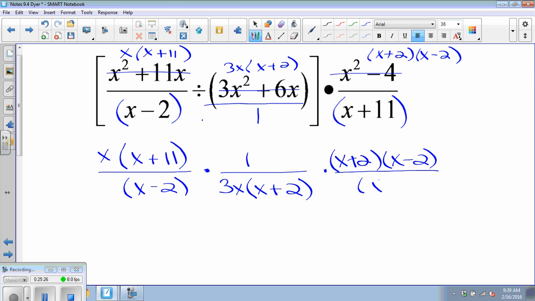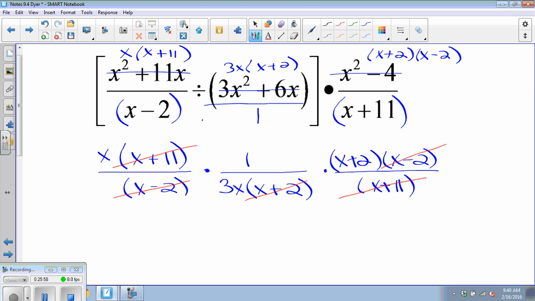Over x plus 11. Does it help if I cross it out and then put what it factors to? Maybe that helps people to see it better. Now, we can cancel things that are multiplied, right? So, x plus 11 can cancel with x plus 11. X minus 2 can cancel with x minus 2.